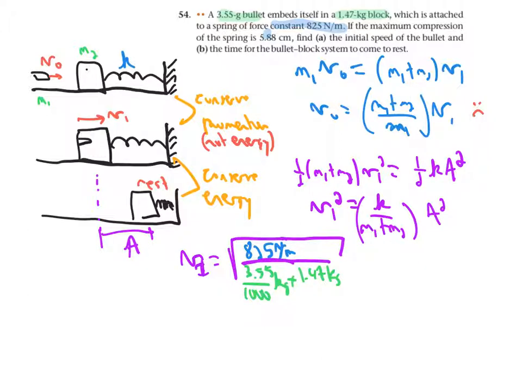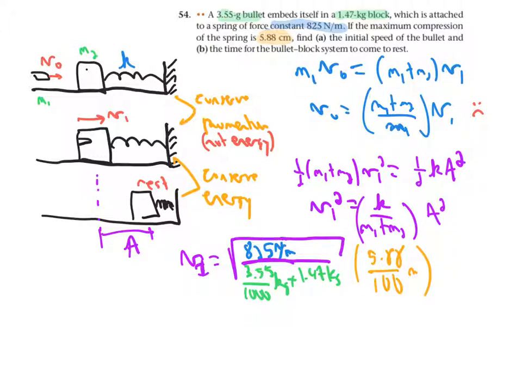And then times a. And a is this distance, 5.88 centimeters divided by 100, turned into meters.